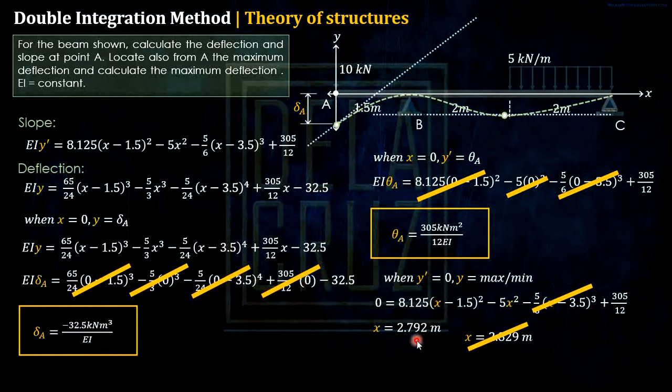Now, again, i-recheck if may mag-negative ba. If check mo dito, ayun, hindi. Ito rin, hindi naman to kasali. Okay na. So, meaning the location of the maximum deflection between segment BC is 2.792 from A. So that is just maybe somewhere here. Dito lang, hindi siya lumagpas dito.